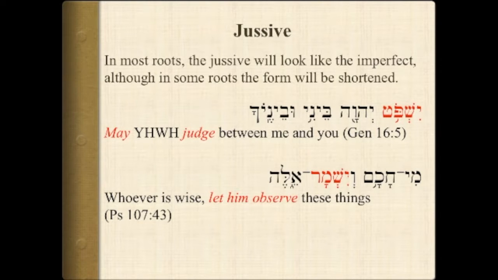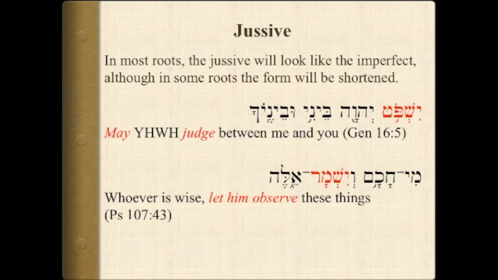In most roots, the jussive will look just like the imperfect. There will be nothing to distinguish it, although Accordance will clue you in that that's what's going on. In some roots, and we won't really go into this, the form is shortened because one of the consonants is weak in some way.